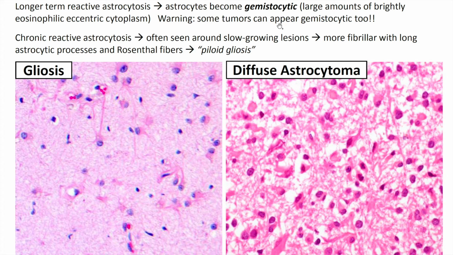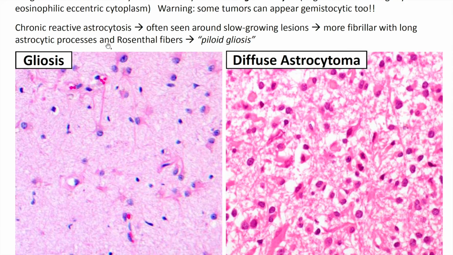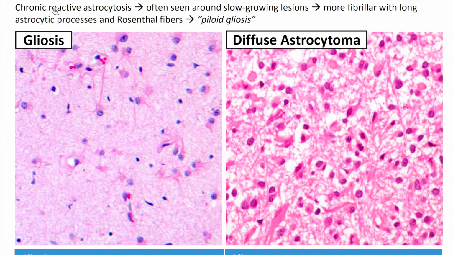Of warning, some tumors can appear gemistocytic as well. And then for chronic reactive astrocytosis, you often see it around slow-growing lesions with more fibrillar, long astrocytic processes and Rosenthal fibers, or pilocytic gliosis.